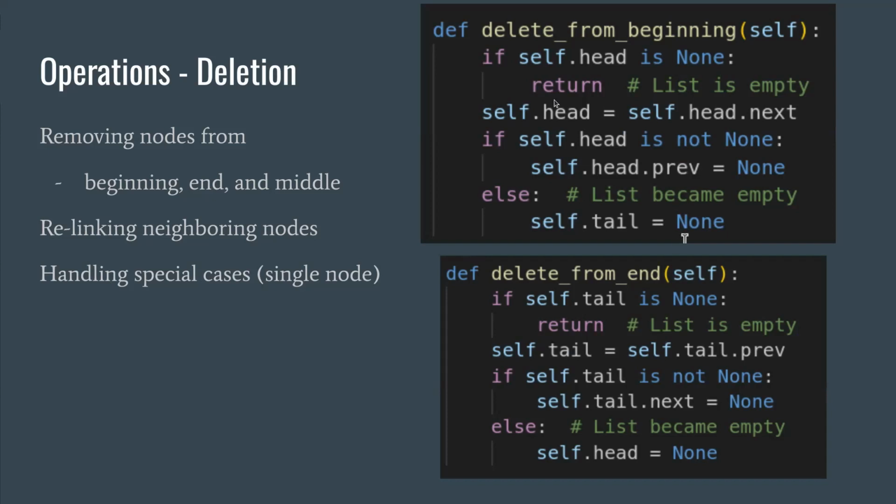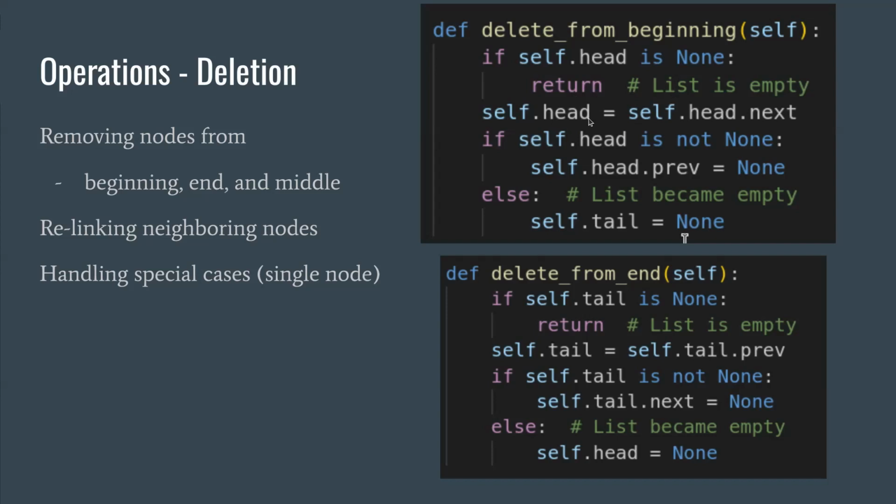Just to see the example, delete from beginning. We want to handle the case of the list being empty. If the list is empty, then we just want to return. Otherwise, we change the head because we are removing the existing head. We want the next element after head to become the new head.